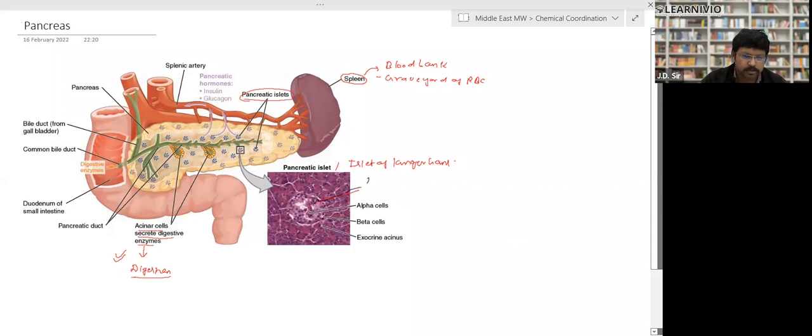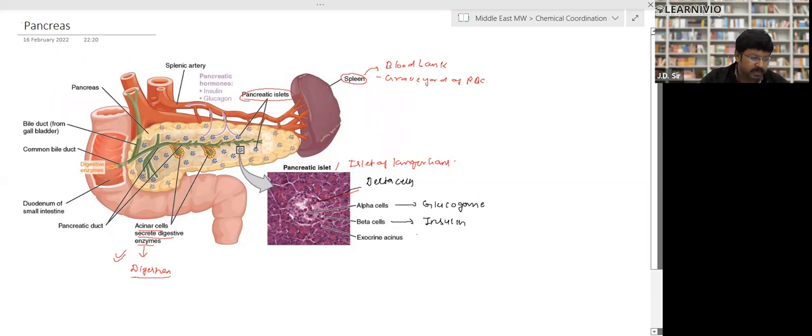The alpha cells are responsible for secretion of glucagon, and beta cells are responsible for secretion of insulin. Both have opposite function. Insulin decreases glucose level and glucagon increases glucose.